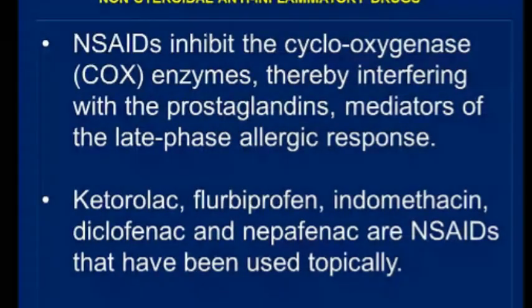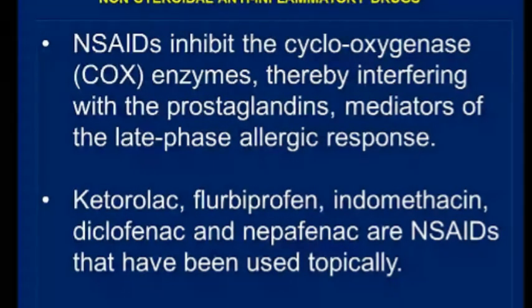So the mode of action of NSAIDs is that they inhibit the cyclooxygenase enzymes, thereby interfering with the prostaglandin mediators of the late phase allergic response. So this is how it inhibits itching and inflammation.